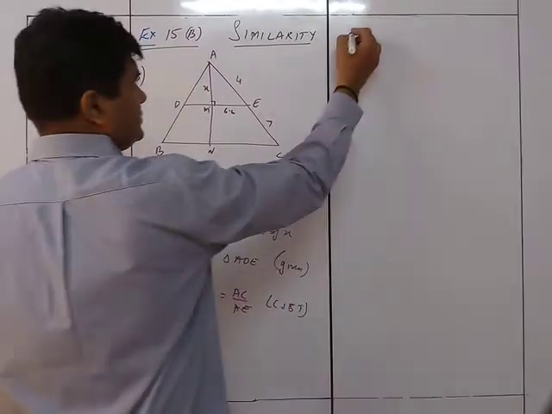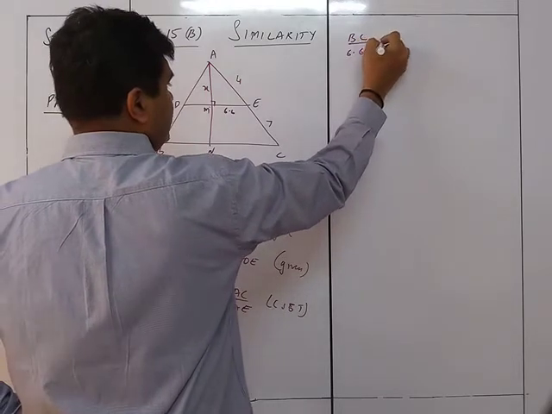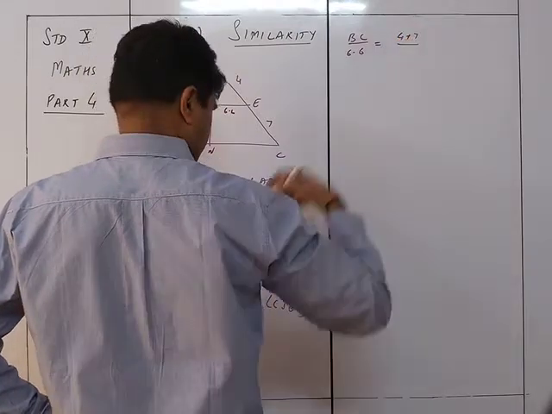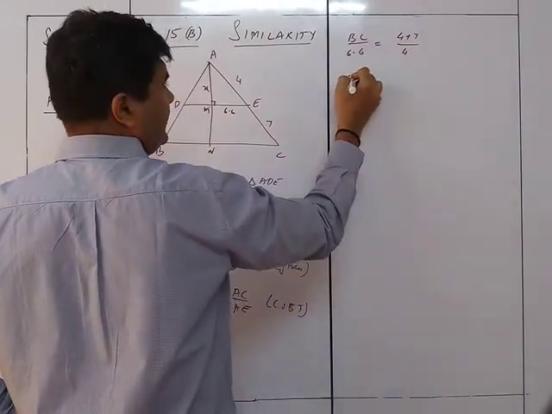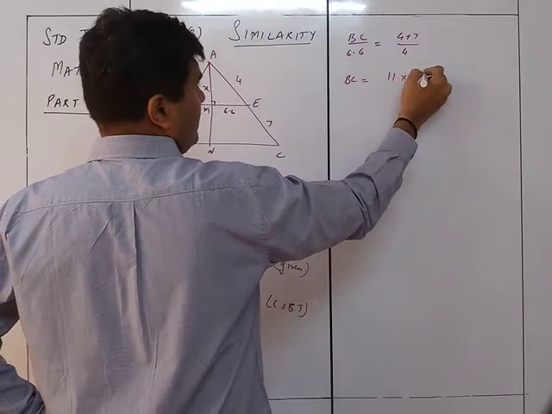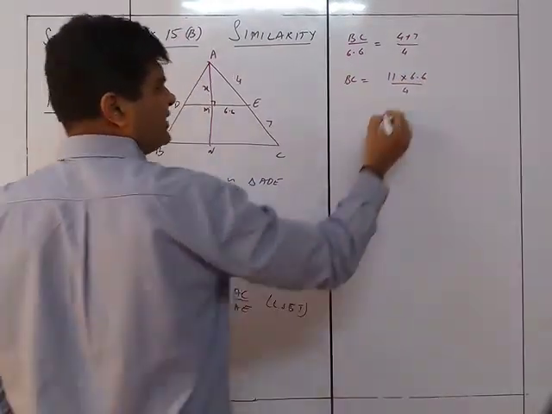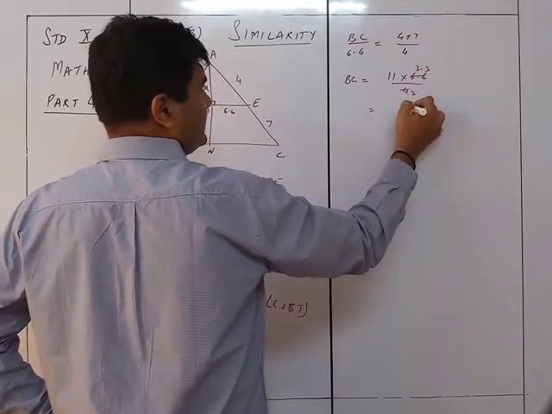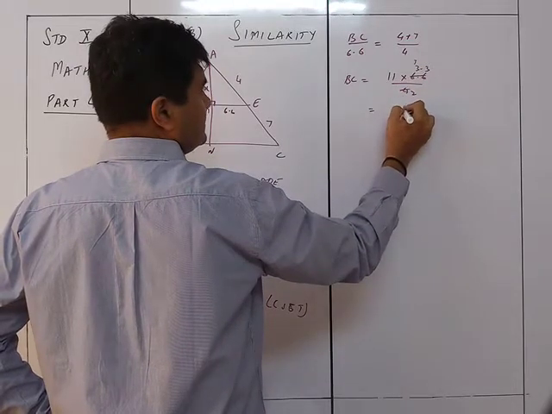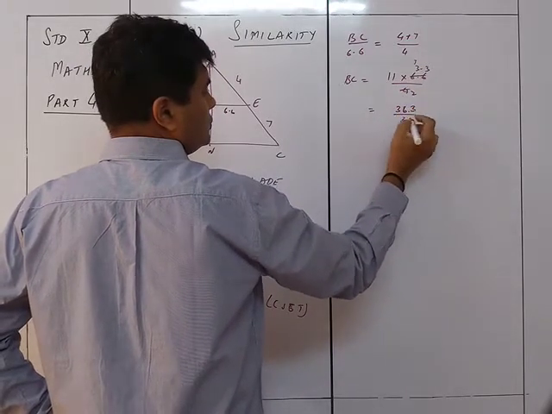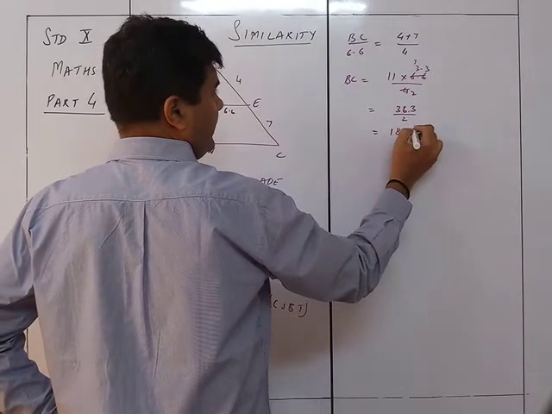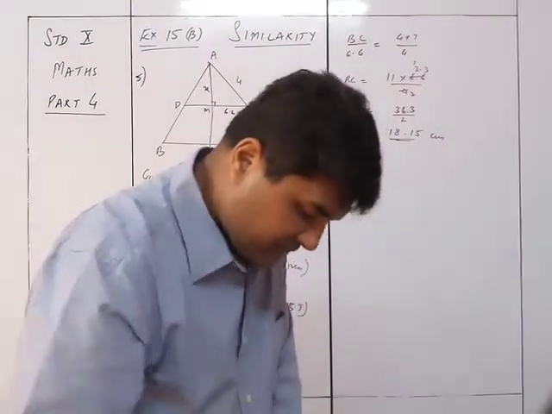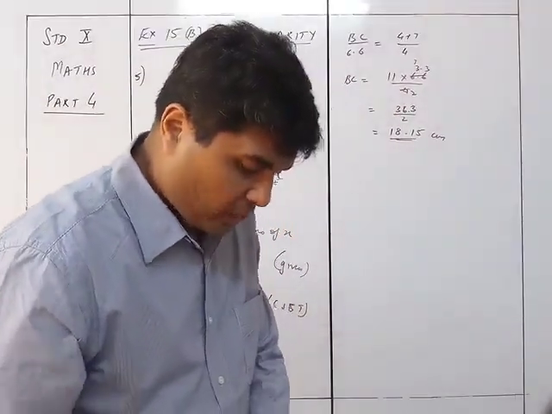DE I know is 6.6, so BC upon 6.6 is equal to AC, which is 4 plus 7, upon AE, which is 4. So BC is equal to 11 into 6.6 upon 4. Eleven threes are 33, 36 upon 2. So that will be equal to 18.15 centimeters. So BC will be 18.15 centimeters in the fifth sum.